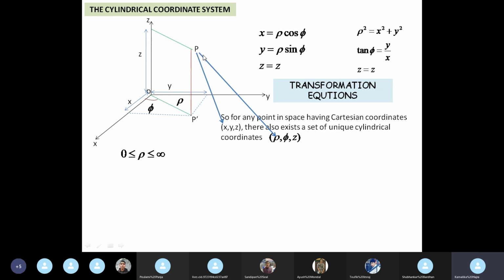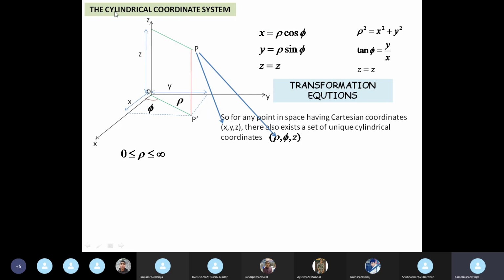So when I take, suppose the value of rho is something, say 10 units, right? So when I say that P is 10 units away from the z-axis, then it is not necessary that the point P is here only.